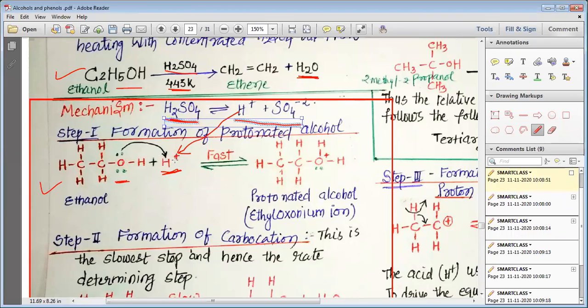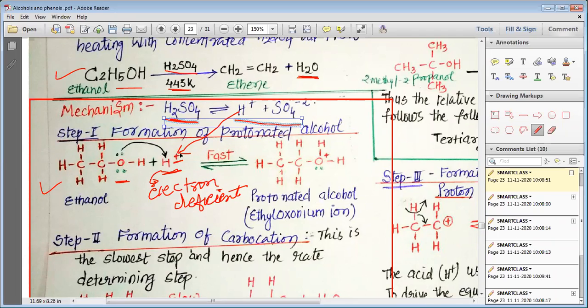This H plus, as it has a positive charge, is electron deficient, so it is attacked by the oxygen.